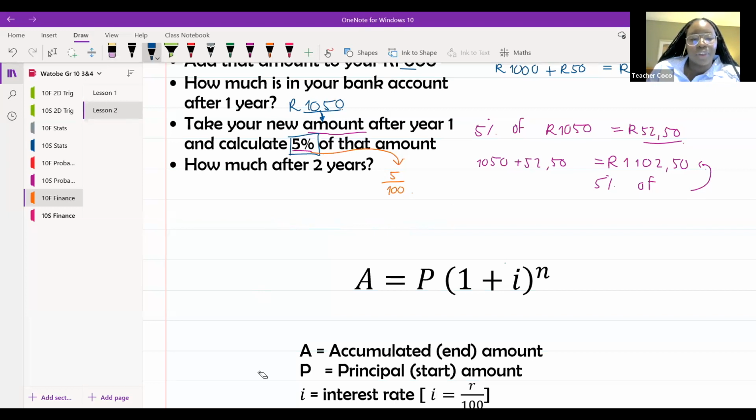I know that's going to be interest times interest times interest times interest times interest. And this is just the same as me going interest to the power of 5, right? Because I've earned interest on however much I have in my account for the past 5 years, but it wasn't just interest. It was interest on top of interest.